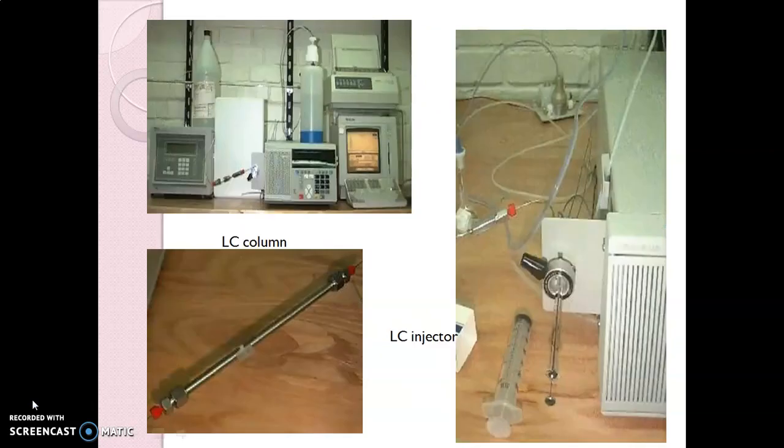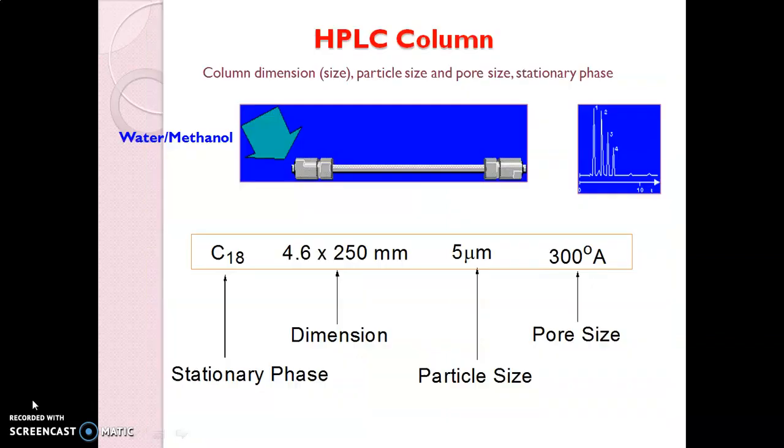Now this is the diagram we are seeing of the column. In the diagram we are seeing the HPLC column, and the rheodyne injector also over here. So these are used mostly nowadays in modern HPLCs. Now we are going to see about the HPLC columns. In this picture we are seeing the C18 column.